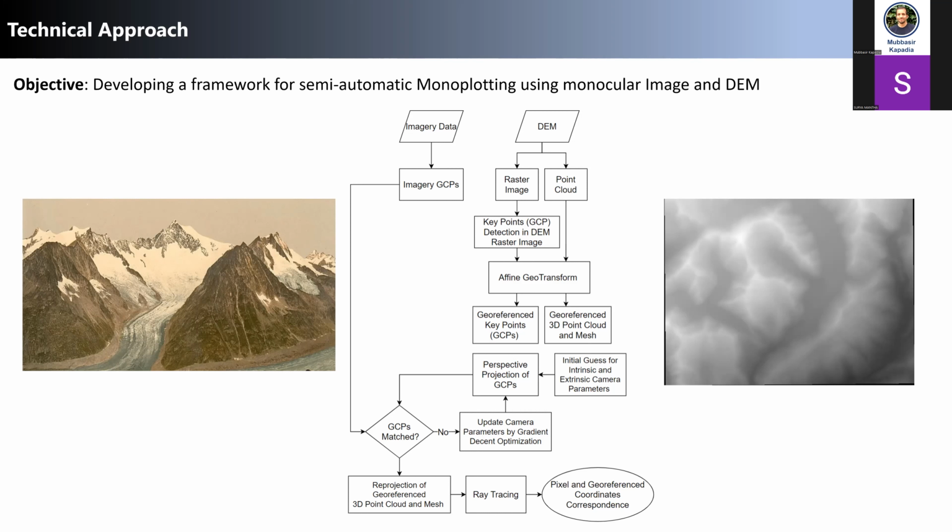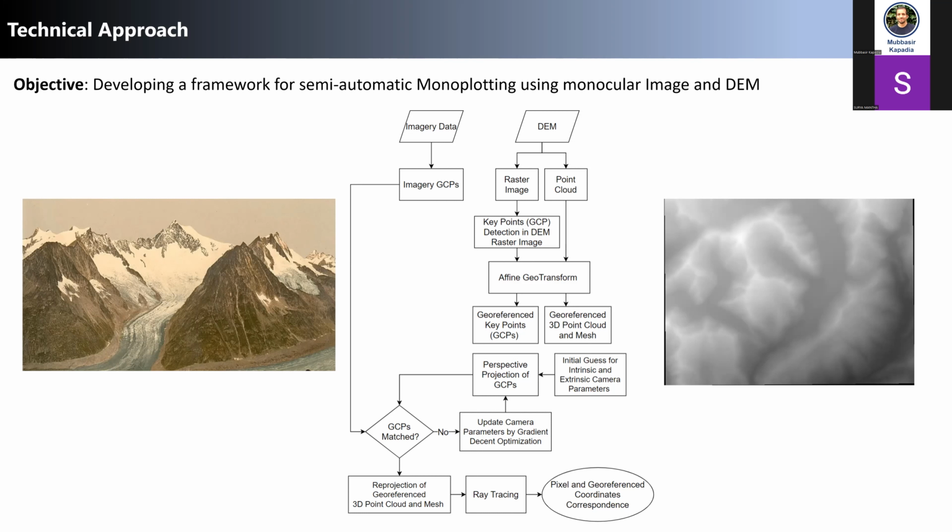implement perspective projection of DEM key points, and then compare those projected points with the image key points, and if they are matched, we are done with the optimization, and if not, we can update the camera parameters by gradient descent optimization.